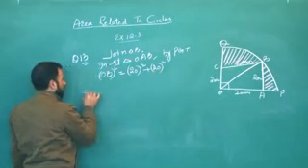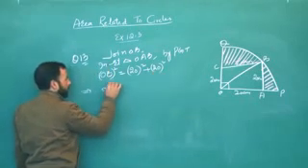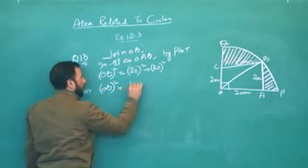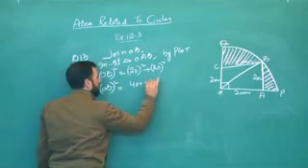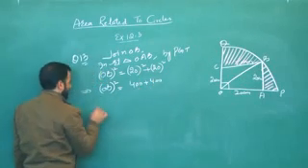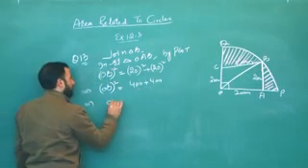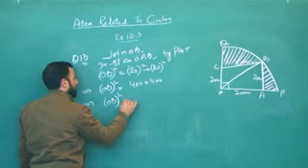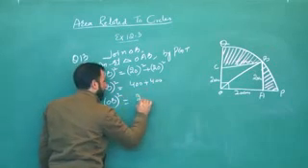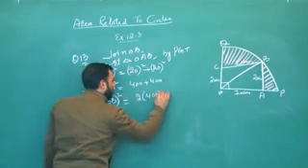So OB square is equal to 20 square plus 20 square, that is 400 plus 400. It implies OB square is equal to 400 plus 400, which can be written as 2 times 400.